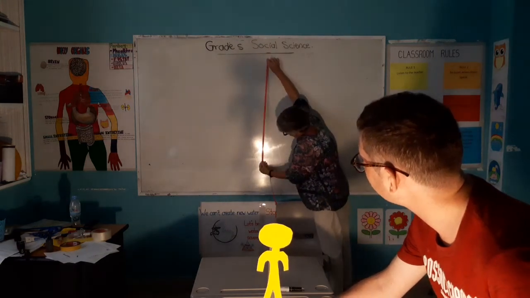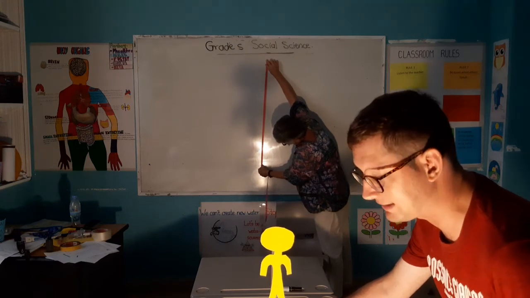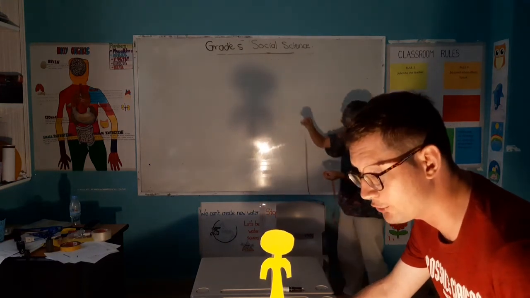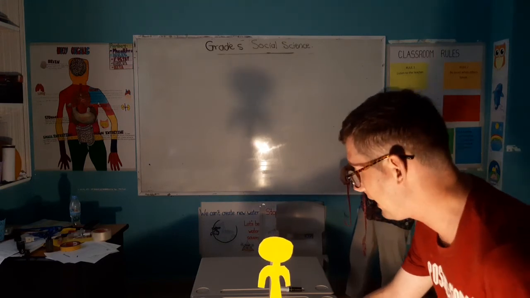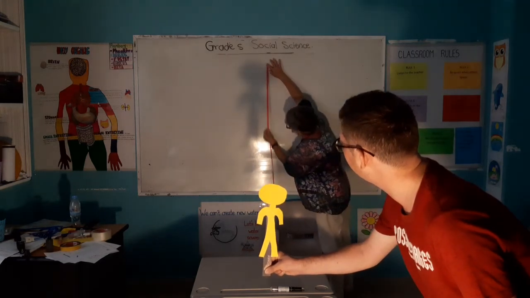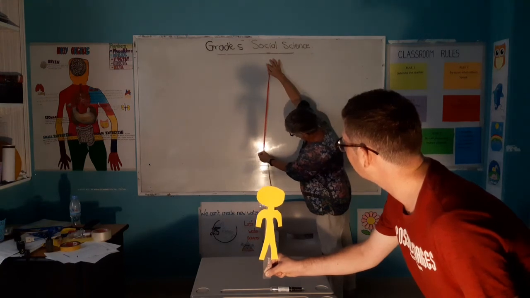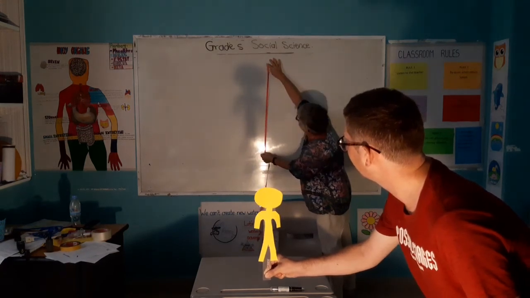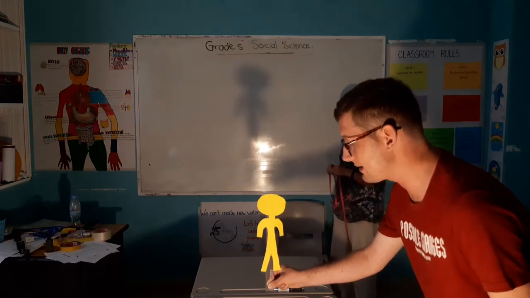It moves down to 82. So at 60 centimeters it was 92, now at 80 centimeters it's 82. What about 100? It is 71. So at 100 centimeters it is 71 centimeters in height.